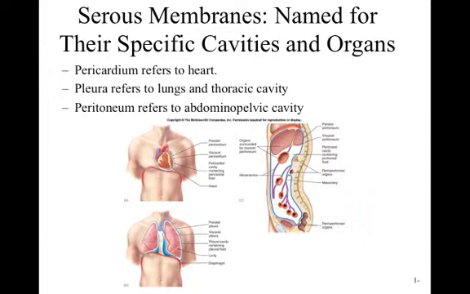Pleura refers to the lungs and the thoracic cavity, so it's covering the lungs. There's a visceral pleural membrane and there's a parietal pleural membrane. And then peritoneum refers to the abdominal pelvic cavity. It's covering your stomach, liver, small intestine. We won't dissect the pig until probably April or May.